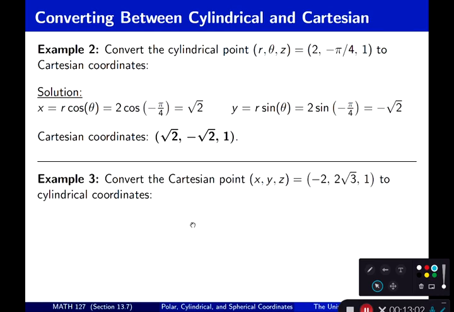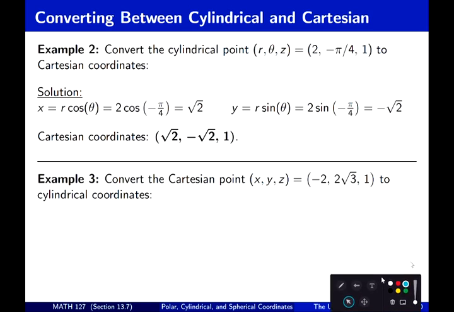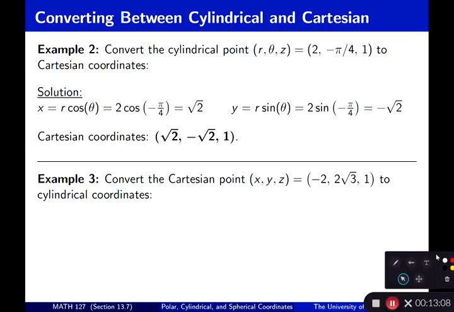Let's convert the other way around. Let's convert the Cartesian point x, y, z equal to negative 2, square root of 3, and 1 to cylindrical coordinates. Z is going to stay the same. Z is going to be 1.